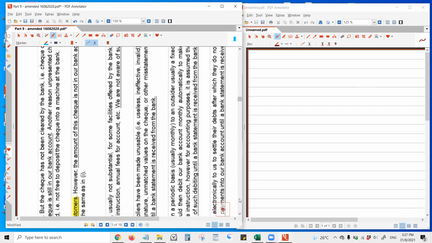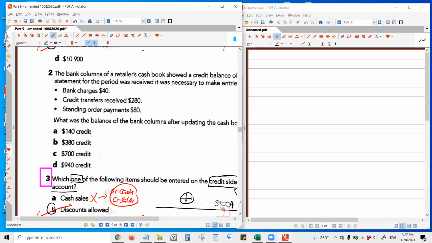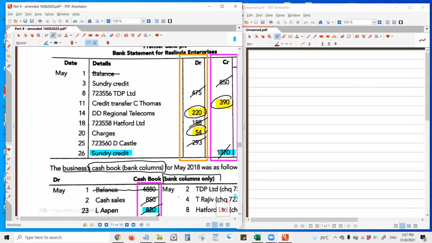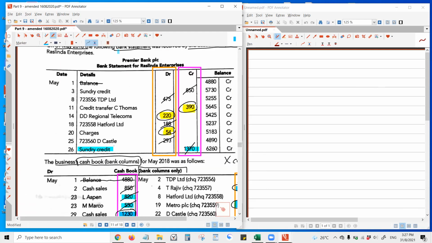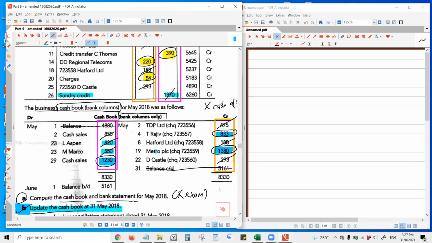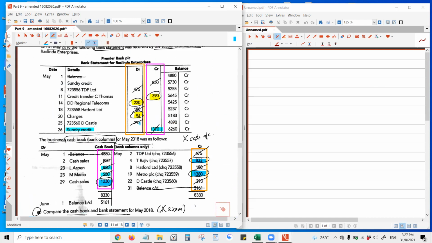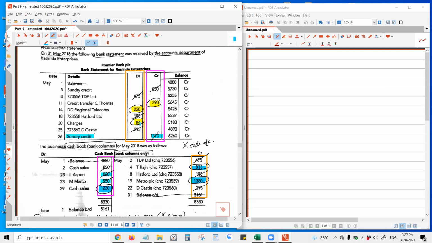So let's do it. We start with, you look at the cash book. Right now, what is the balance of the cash book? 5161. All right, start with that figure. Okay, so now let's write the answer in our paper.